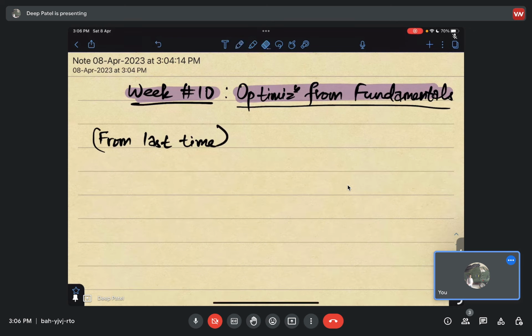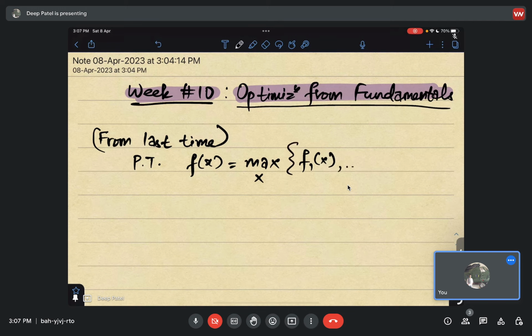I had asked to prove that f of x equals max of the fi's is convex. This max function is convex if all the fi's are convex.